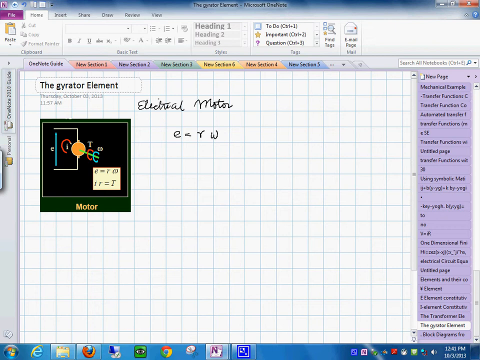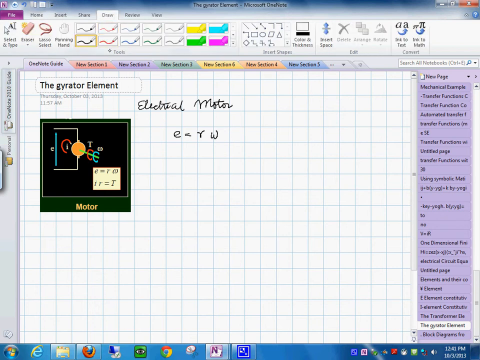But you see, here is something worth observing. This one is an effort variable. But this one here is a flow variable.